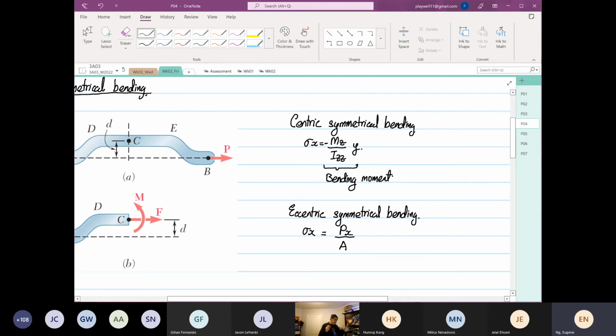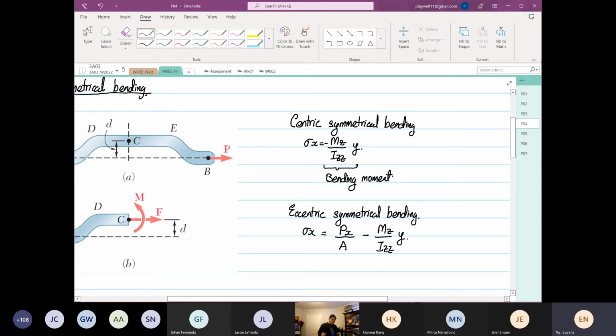I'm going to obey the formula, but later on, whether it is plus or minus, we look at our moment vector. So this is equal to Px over A minus Mz over Izz times y.